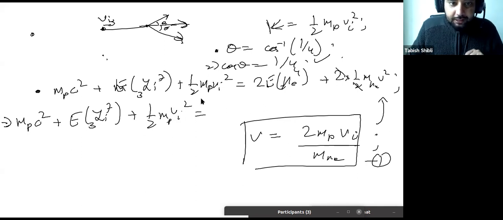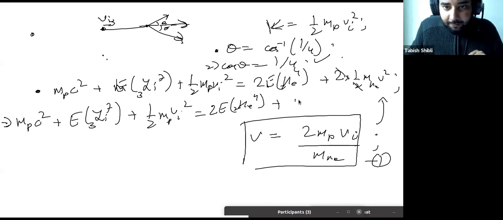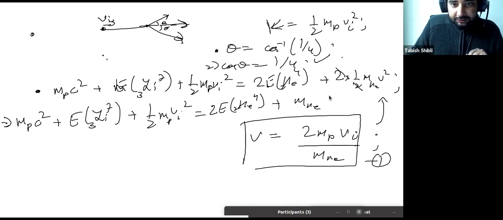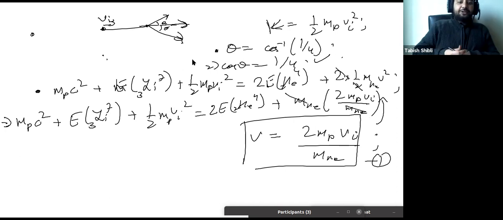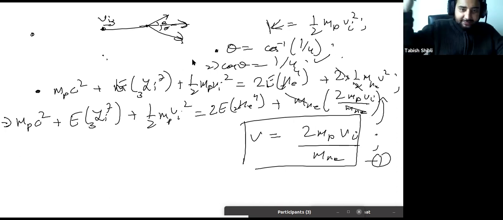Half mp vi squared times 2, is equal to 2 times the energy of the helium 24 plus mass of the helium, and since we're putting in the velocity, so you get 2 times mp vi divided by mass of helium. So just substituting it up here, we get this. The mass of the helium cancels out, and we can just substitute all the values in and just calculate.